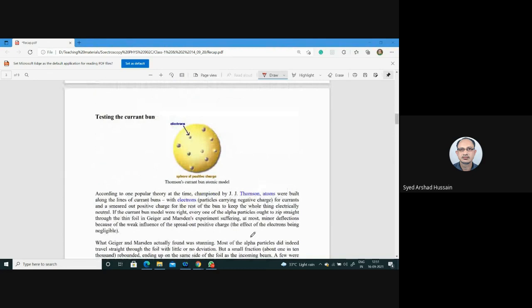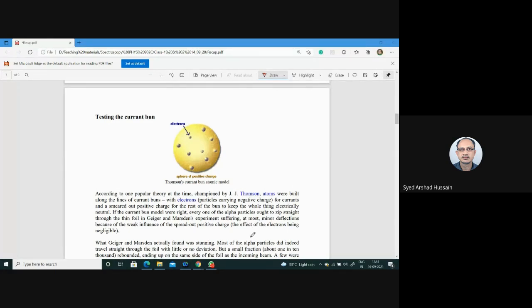According to atomic physics, if you go back to see different theories to analyze the atomic structure, you can recall that J.J. Thomson was a famous scientist who worked to describe the atomic structure, and he gave one model.